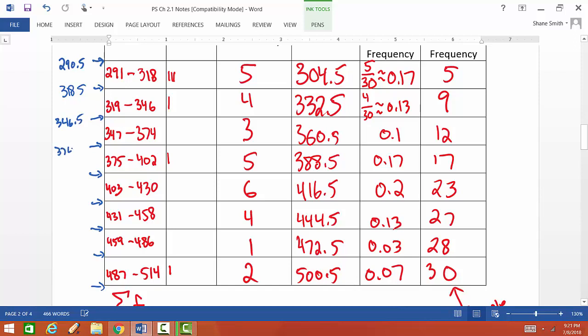So 374.5, 402.5, 430.5, 458.5, 486.5, and 514.5.